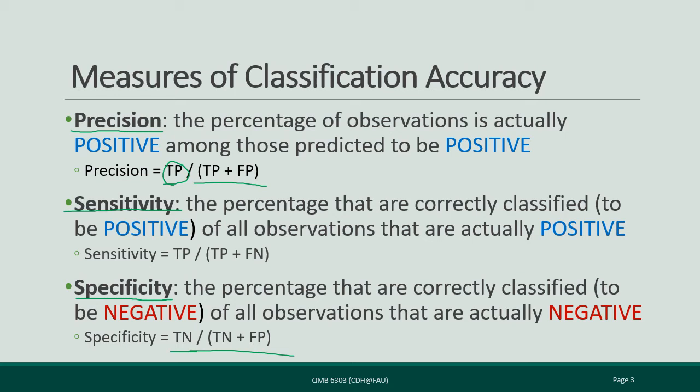Let's say that 1,000 people actually defaulted, but only 890 people were predicted to default. So that tells me that the specificity is 89% in that particular case. So the sensitivity measures the true positives among all the real positives, and specificity measures the true negatives among all the real negatives.